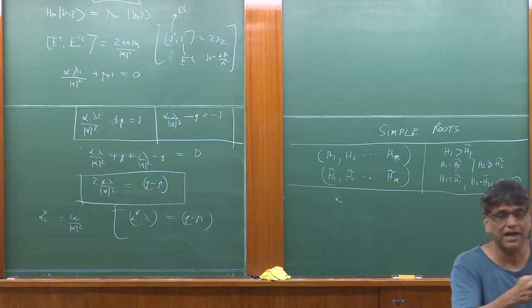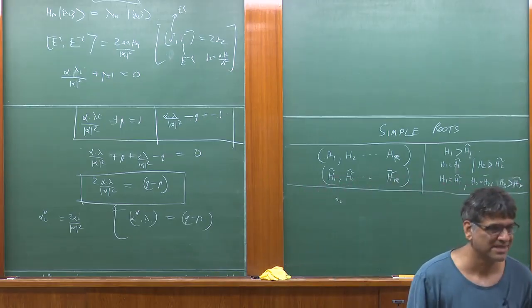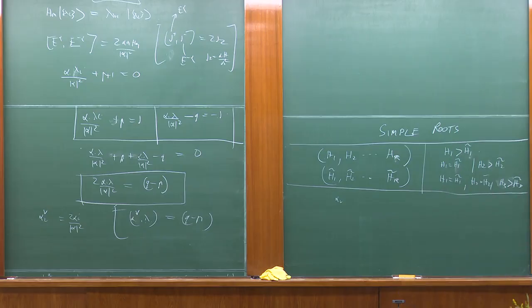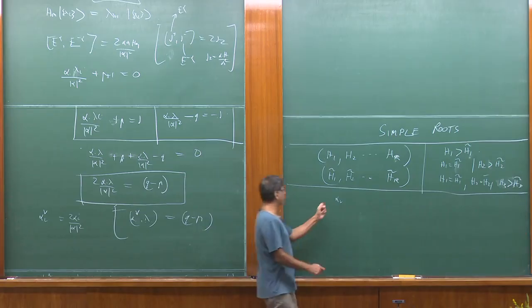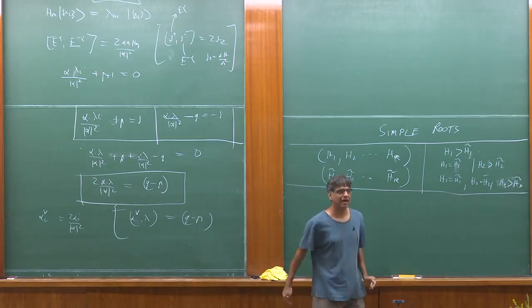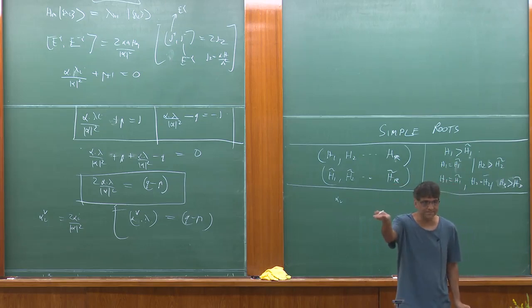All roots are linear combinations of the smallest weights or minus of them, because we know that once we've got the smallest ones, you can build up all the other roots by commutation relations of these. Therefore, what we have concluded is that all positive roots are positive linear combinations of the simple roots.